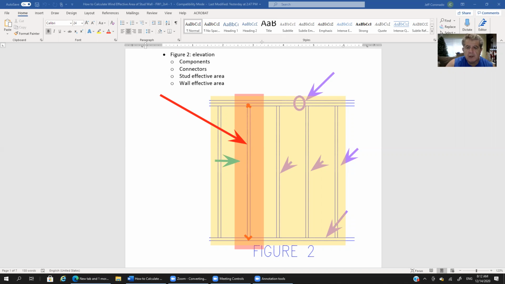We get it by taking the dimension from the stud adjacent to it on one side to the stud adjacent to it on the other side, and dividing that dimension by 2. So in essence, it's this area that's shaded in orange. Then we multiply this width by the height of the stud. So it's half of the green dimension times the height of the stud. That gives us the effective area for the stud.